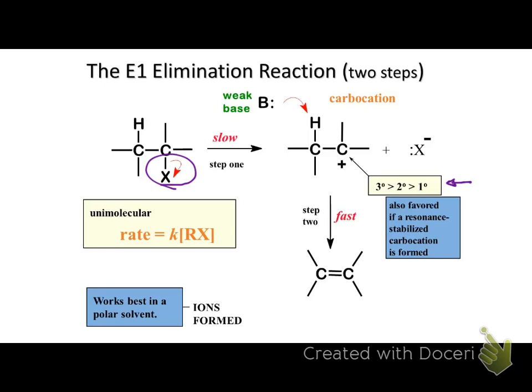Tertiary is the fastest forming, primary is the slowest forming. And then you get a beta elimination. That is, the base, whatever the base is, comes in, grabs that hydrogen, that pushes those electrons back to there, and you form your double bond.